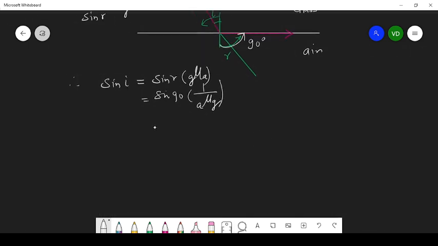Now we can calculate this. For example, sin 90 is 1 and this is 1 divided by 1.5, and that will be 2 by 3, that is equal to 0.67. Now you can just find out the angle of incidence for this particular value of sin I, and that will be around 57 or 58 degree.